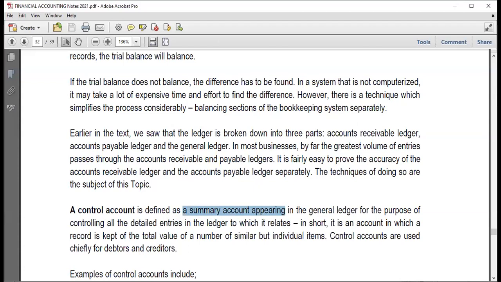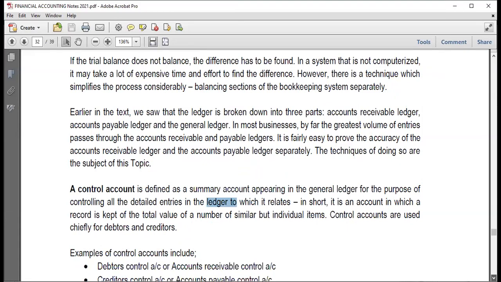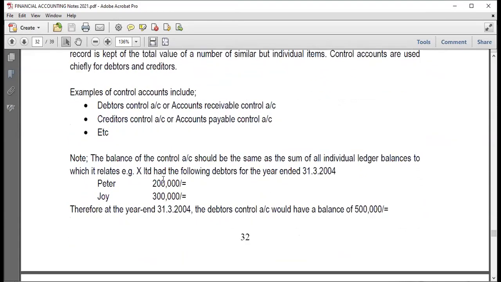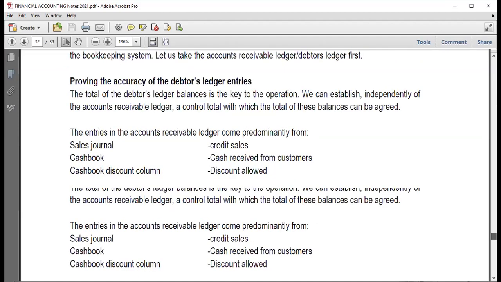They even gave us an example where the ledger accounts include Peter and Joy, and the control account would have the 500,000. So that would not affect our control account. So that is the other transaction.